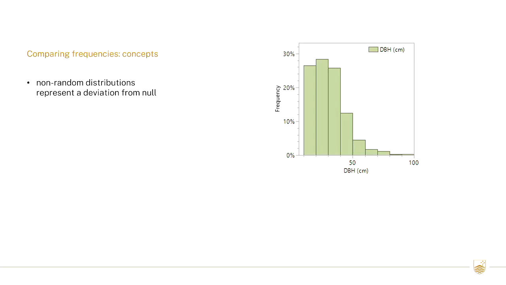Now, when we think about comparing distributions from surveys, what we need to bear in mind is that data distributions represent a non-random outcome that's derived from our sample.